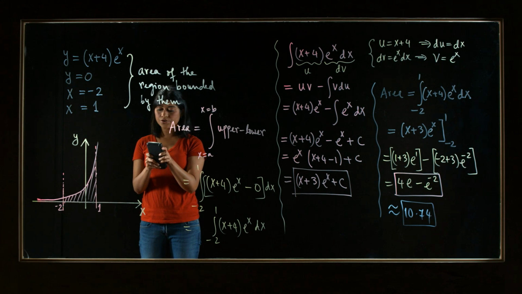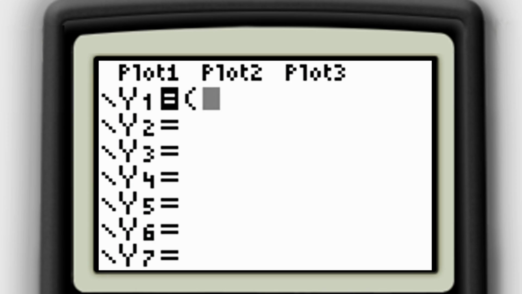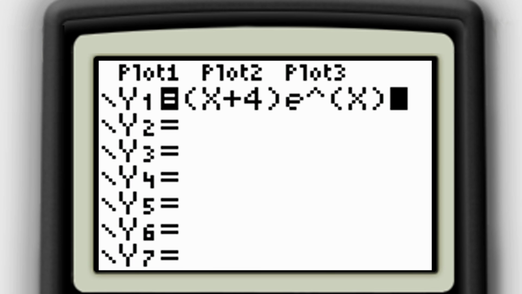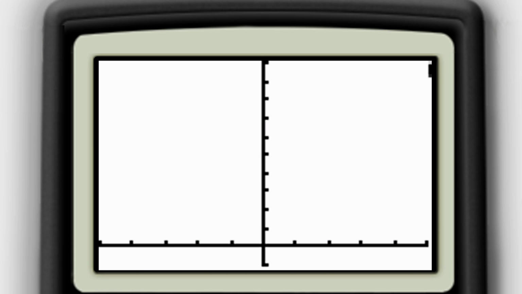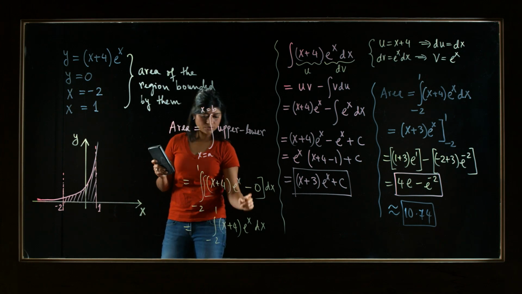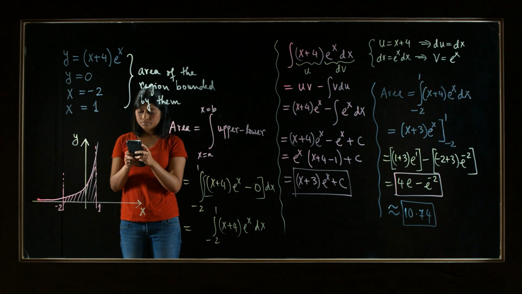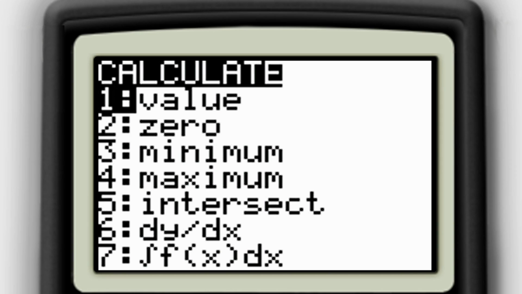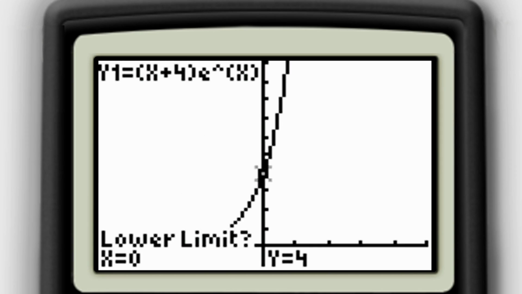Now, we already have graphed this function. So let's plug in y equals x plus 4 e to the x, then also graph y equals 0, then set your window between -2 and 1, and graph it. Now we have to figure out the area, so we have to evaluate this integral right here. Go to Calc and go to the integral of f(x), and make sure that it's integrating the top function, not the bottom function.